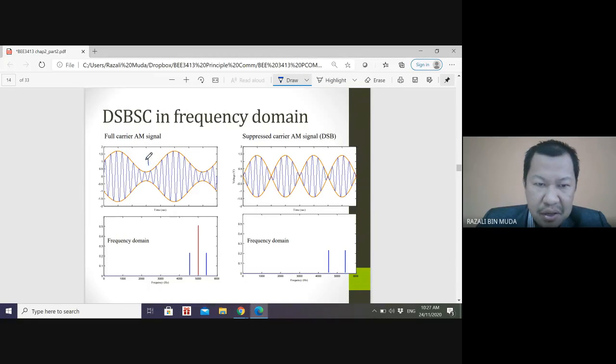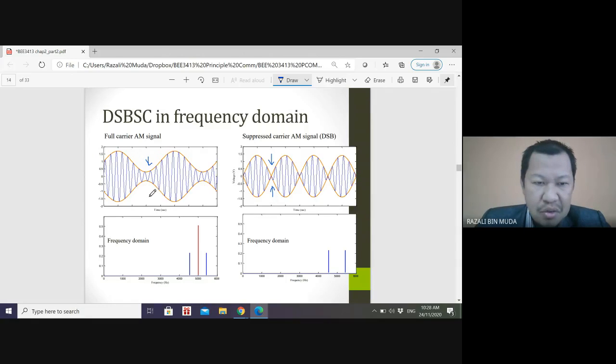This envelope becomes closer together, with no gap. But in frequency domain, we can see the changes very clearly.